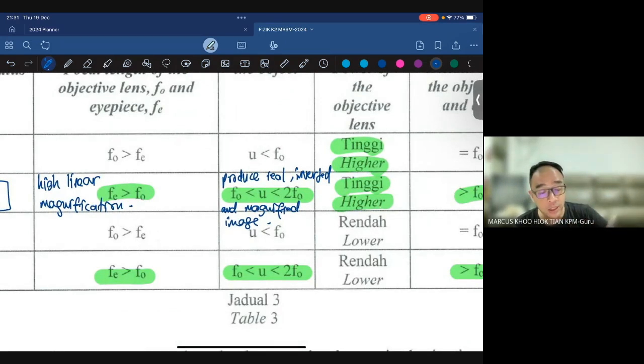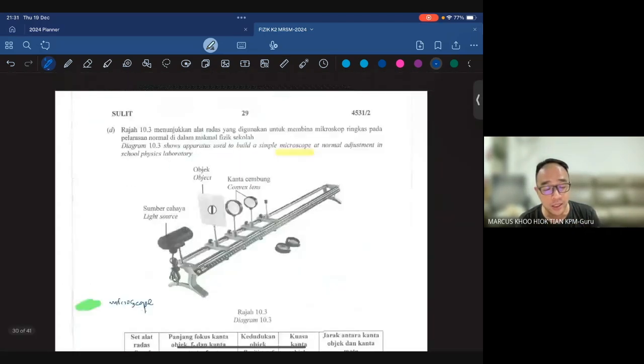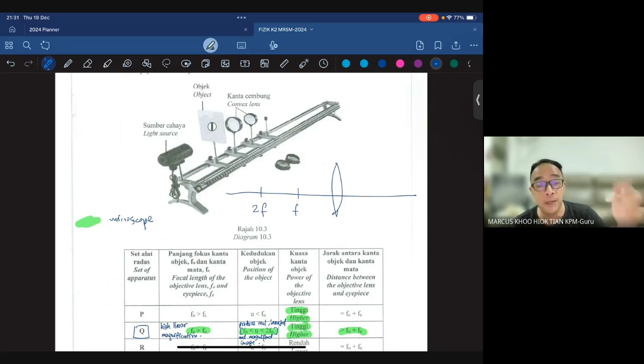Okay, because of our position. Look at our position. Our position is between F and 2F. Since we're talking about this, let's take a short pause just to remind you. If this is the lens, this is F and this is 2F. Remember the positions of the objects and the characteristics of the image.